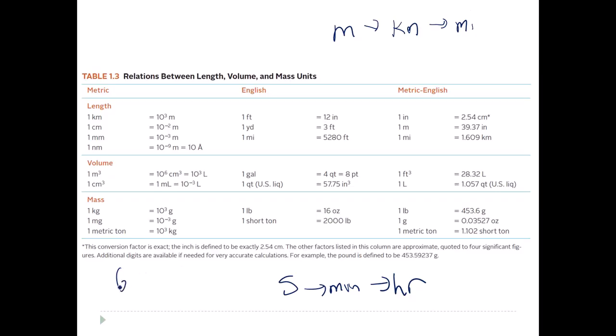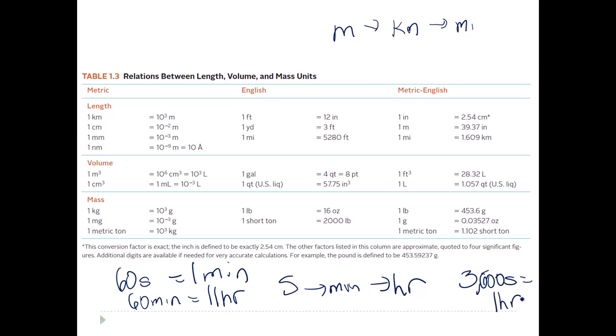So there are 60 seconds in 1 minute, and then 60 minutes in 1 hour, or there are 3,600 seconds in 1 hour. So you can go step by step or go straight from seconds to hours.